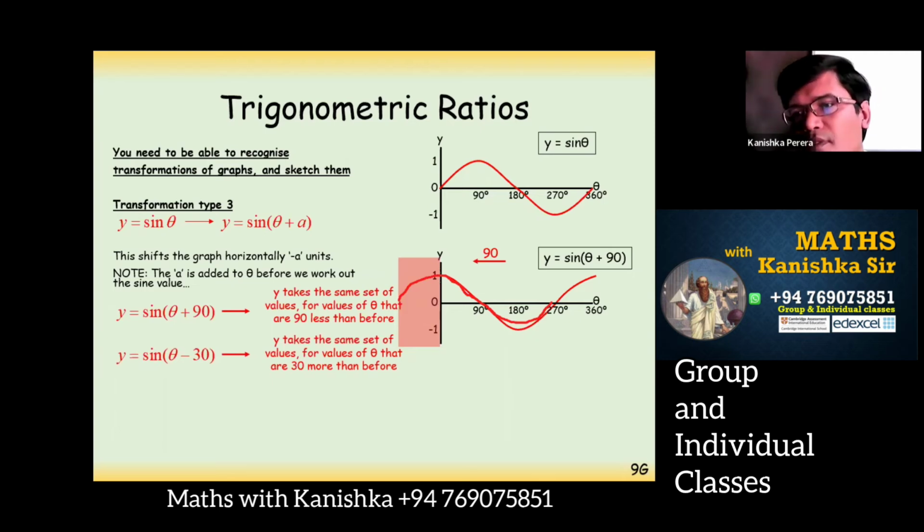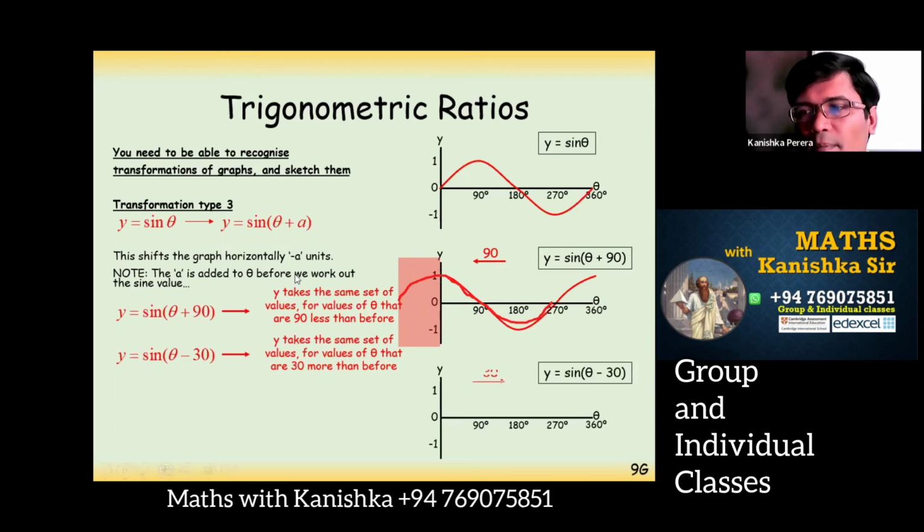The other side is 30 more than before, shifted by 30 in such a way. Previously, this is for the plus 90, that is for the other side, and for the minus 30, right?